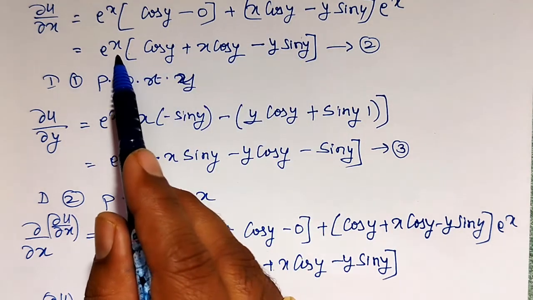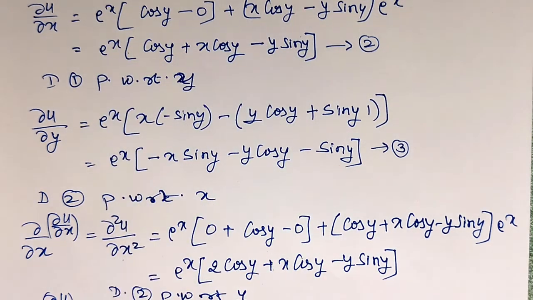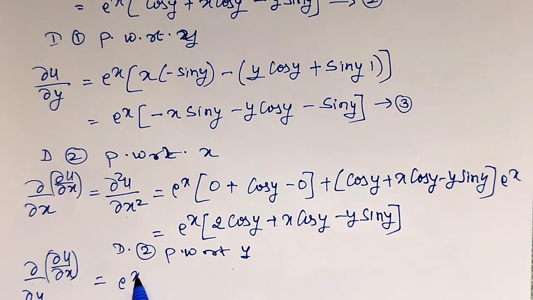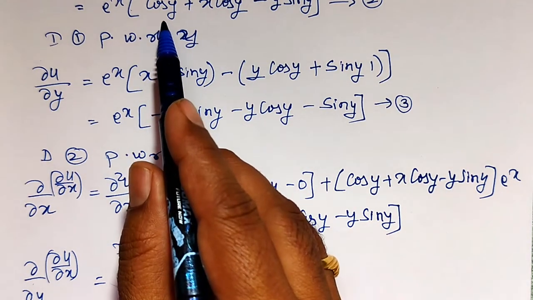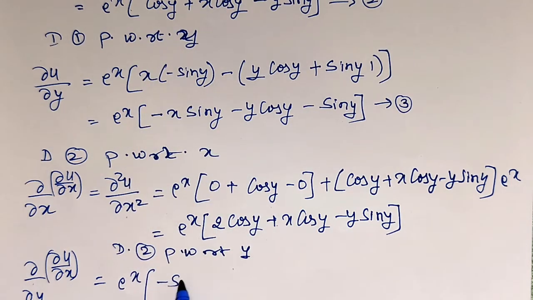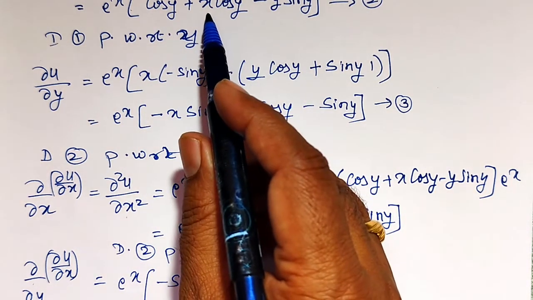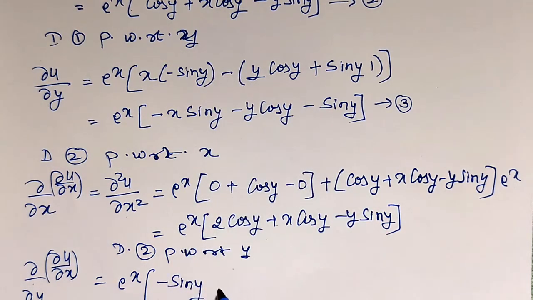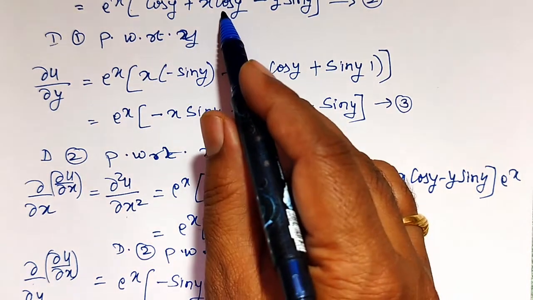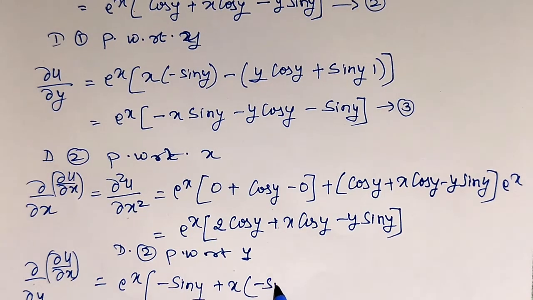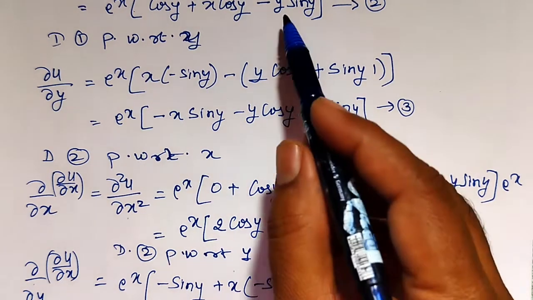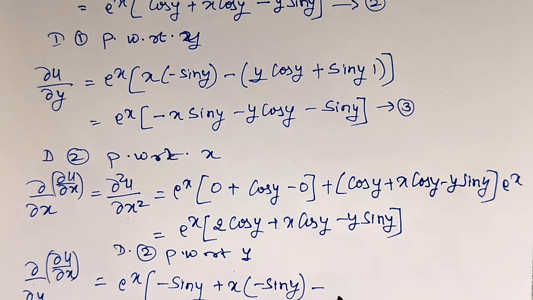While differentiating with respect to y, again x is constant, e raised to x is constant. Therefore, e raised to x as it is, into cos y, differentiation will become minus sin y, and here x into cos y, x is constant, plus x into differentiation of cos y is minus sin y, minus, whereas for y sin y the differentiation needs the product rule, y into cos y plus sin y into 1.